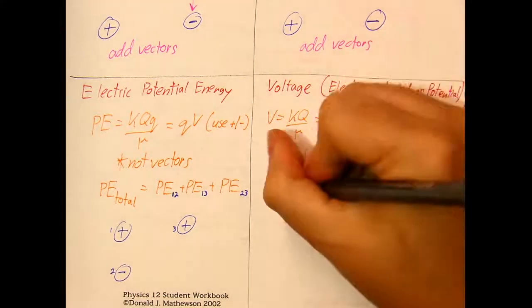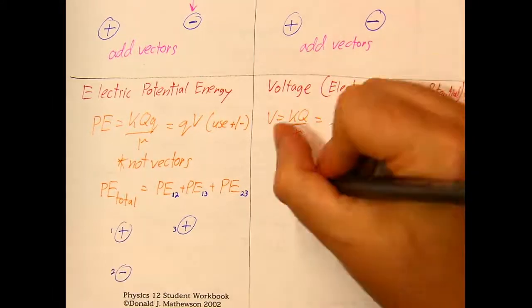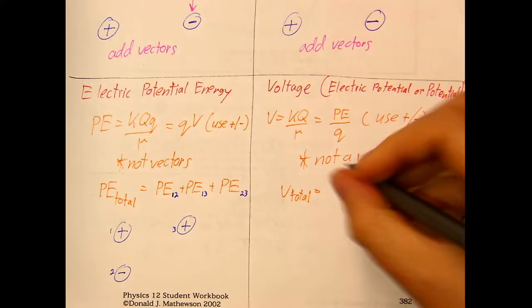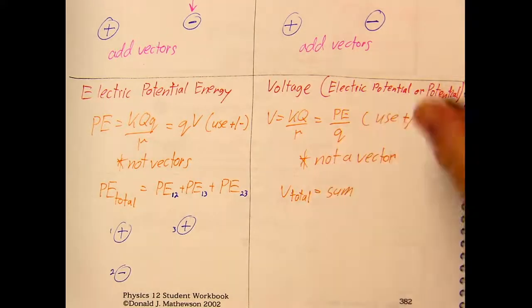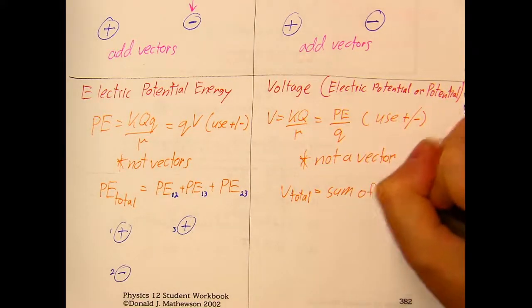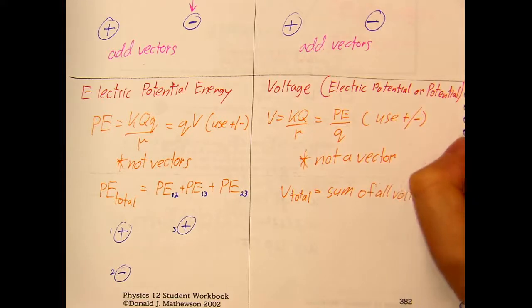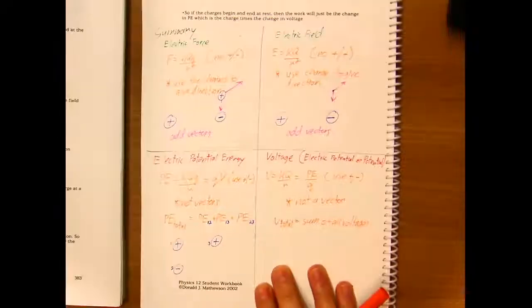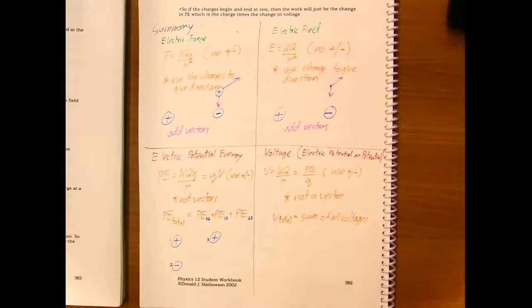And just like with potential energy, V total equals the sum of all the voltages from all the different sources in a particular problem. So this is a summary of all the previous lessons.